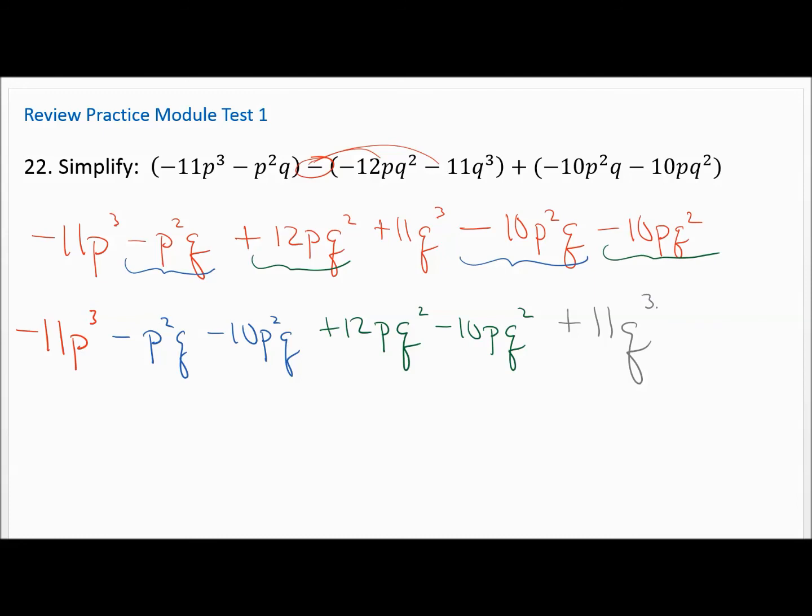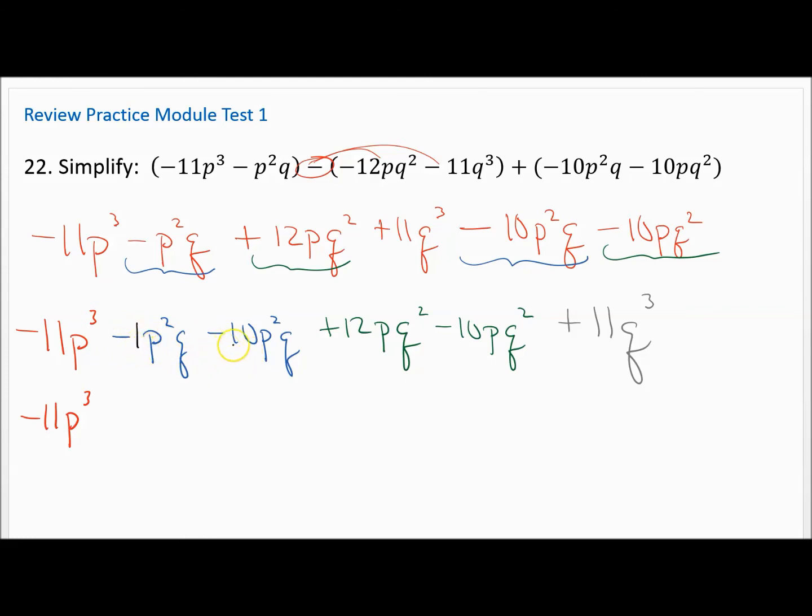Now, what I want to do is combine my like terms. So again, we talked about a negative 11p to the third doesn't have a like term, but these can be combined together. Now, another thing I need to let you know is when variables don't have a number in front, that's an implied 1, right? So when I have negative 1 added to a negative 10, notice I said added in between because you can always add and take the signs as positive negative rather than addition and subtraction.